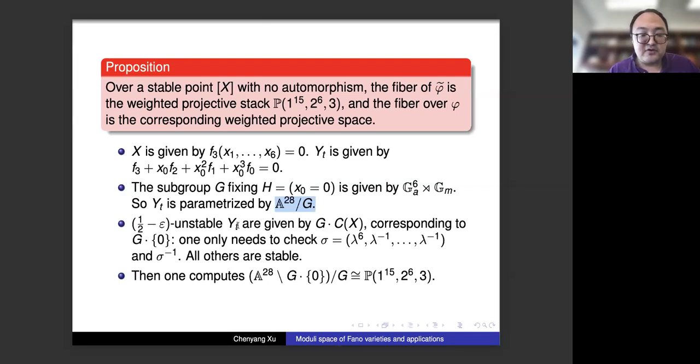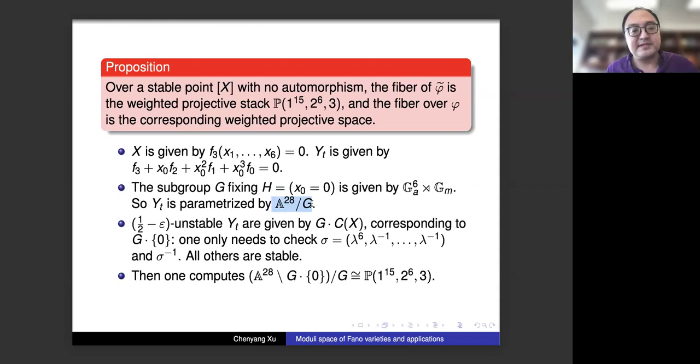So now if I want to look at the stable ones, I know all of them are half stable, because the intersection is just x0, which is stable. But now I want to look at the half minus epsilon stable.